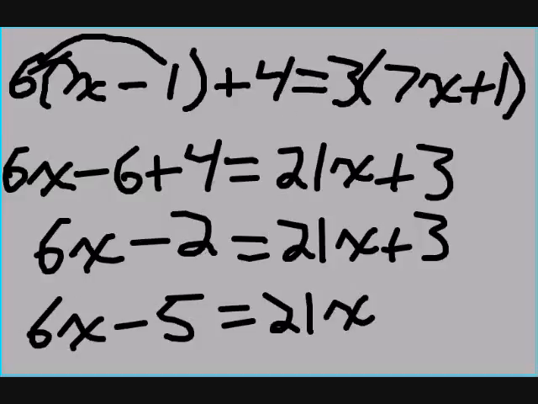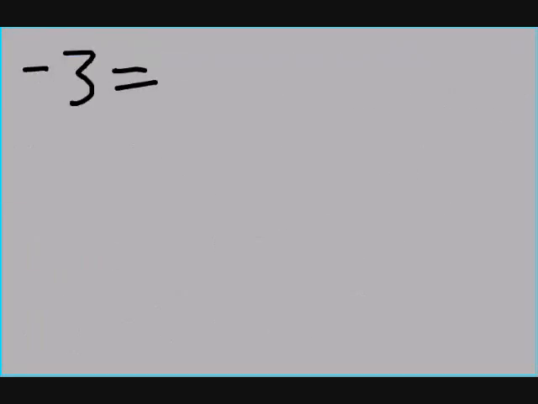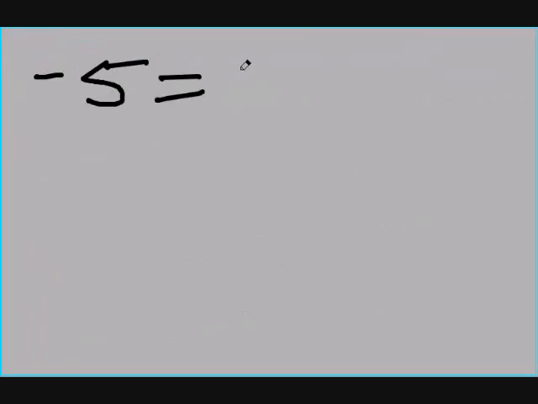I'll go to a different board. If I subtract 6x from the left-hand side, I'm just left with negative 3. Is that negative 3 or negative 5? Did I screw that up? It was negative 5, of course. So I clear negative 5. After I subtract 6x on the left, on the right hand side, subtracting 6x from 21x, I'm left with 15x.